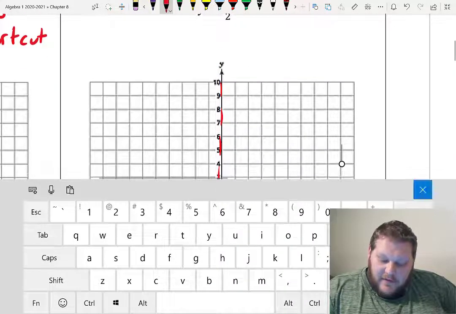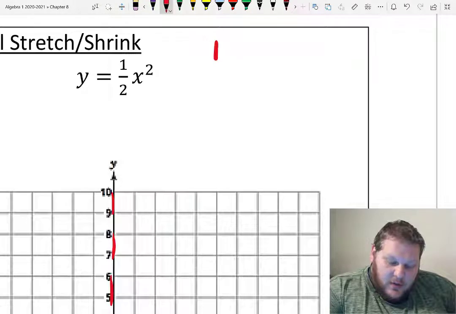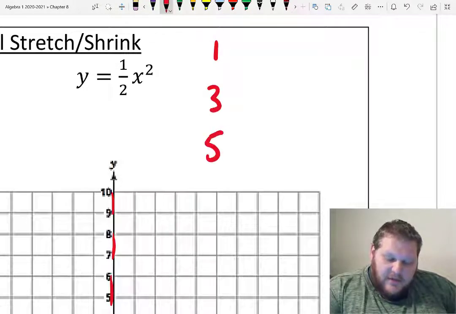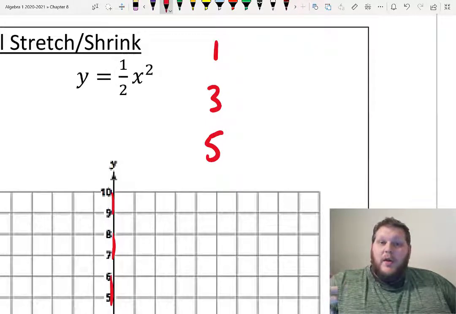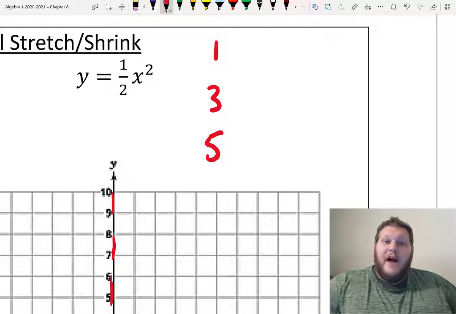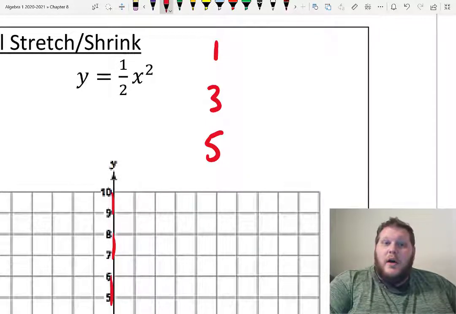Now my 1, 3, 5 shortcut in this case has to be adjusted because that 1, 3, and 5 were my vertical changes, right? The 1, 3, 5 shortcut tells me I go up 1 over 1, up 3 over 1, up 5 over 1. Now what these multipliers out in front do is change how tall my graph is.